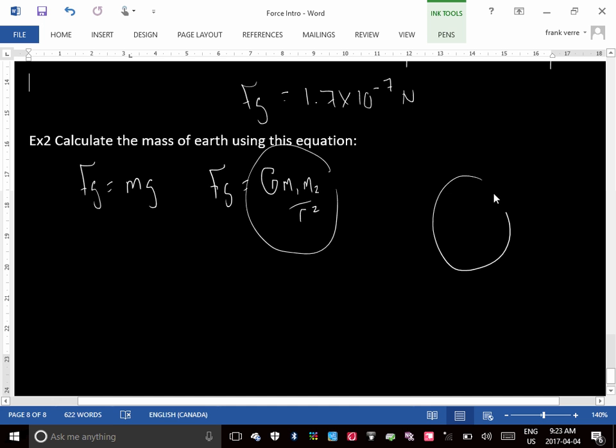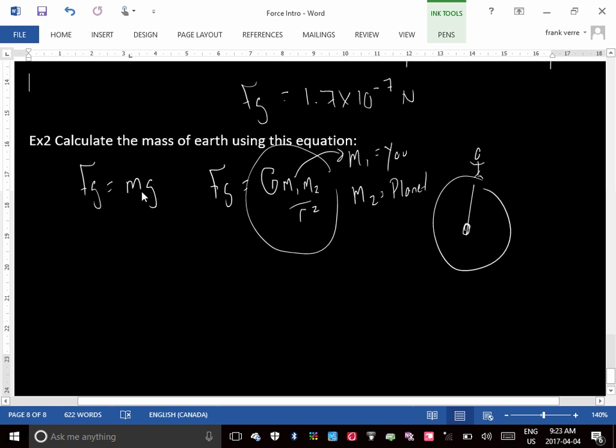So if you were on planet Earth, you would need to know what that distance is. You need to know the mass of the planet, the mass of you, and the distance. So if we label you as M1, then M2 would be the planet.